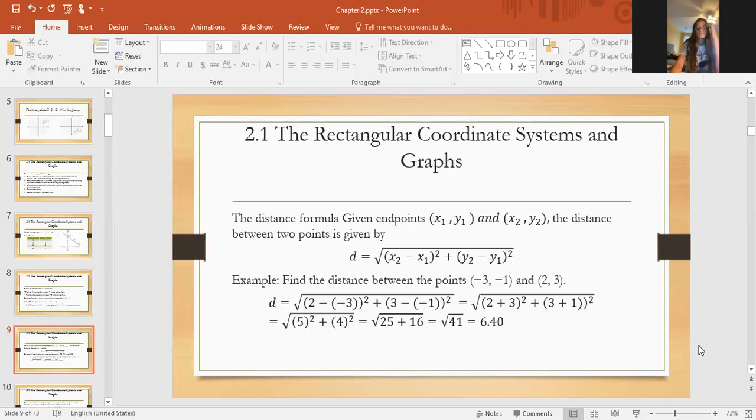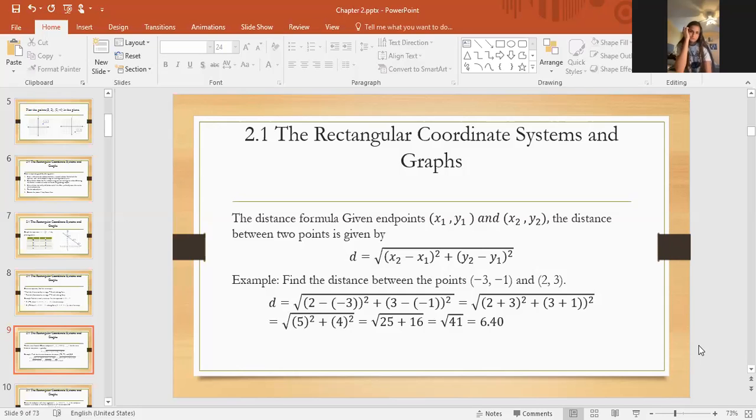On a rectangular coordinate system, we may want to find the distance between 2 points. One of the points has coordinates x1, y1, and the other one has x2, y2. The distance between the 2 points is obtained by taking the square of the difference between the x values plus the square of the difference between the y values, and taking the square root.